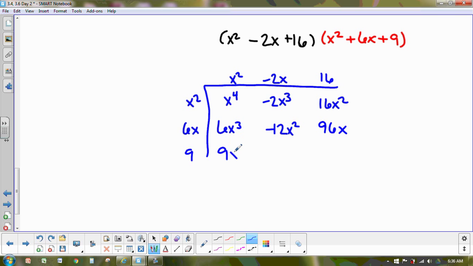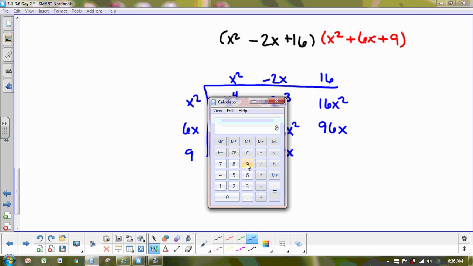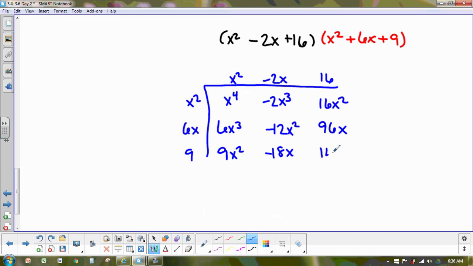Then 9x squared minus 18x, and then 16 and 9, 144. And then I add those up.